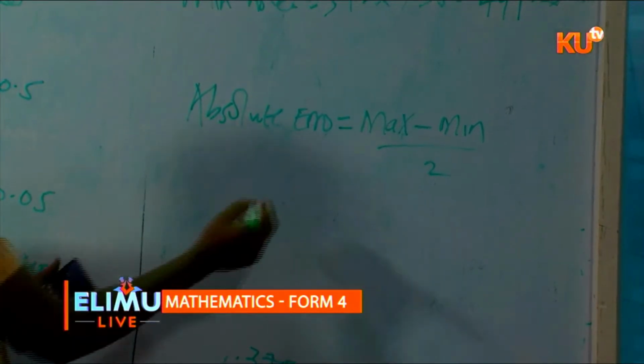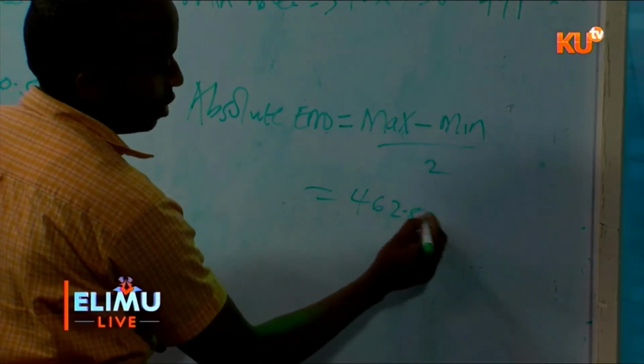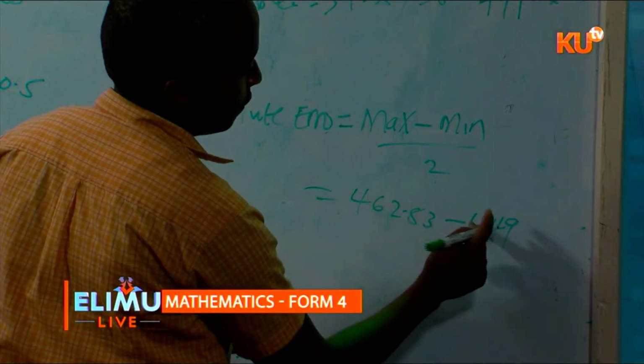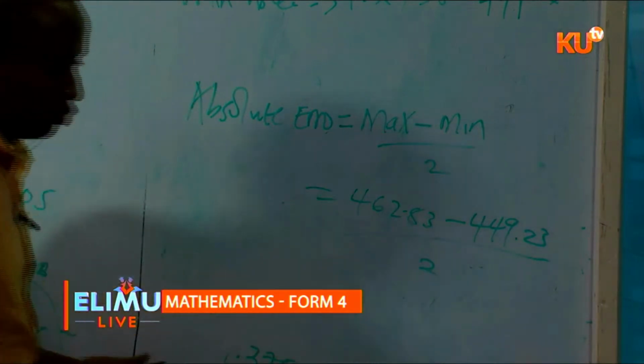So the maximum area is 462.83 minus 449.23, divided by 2.